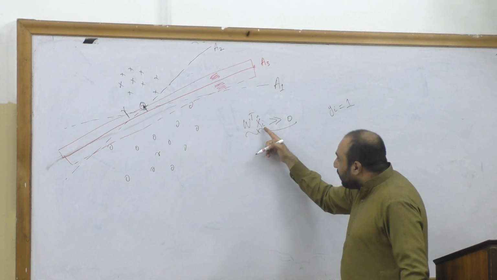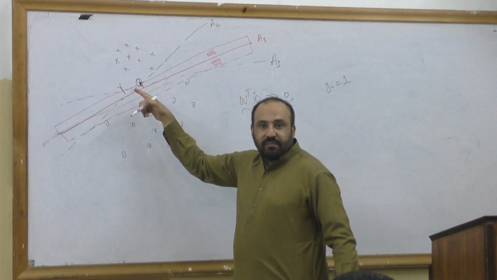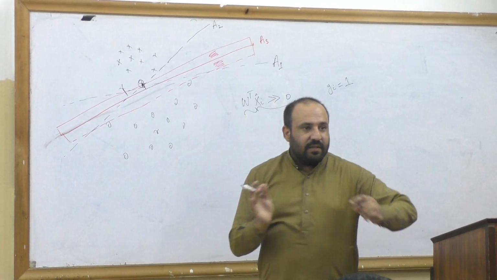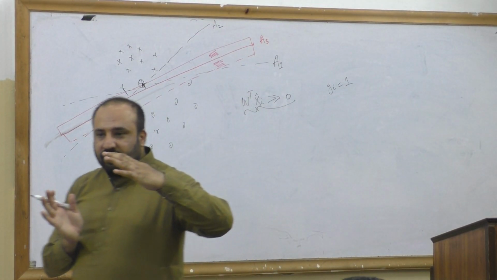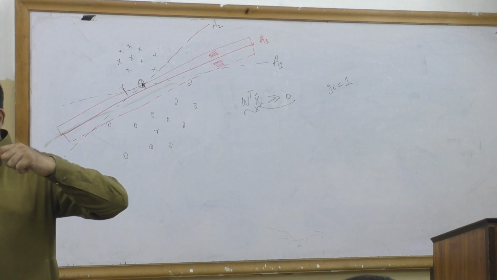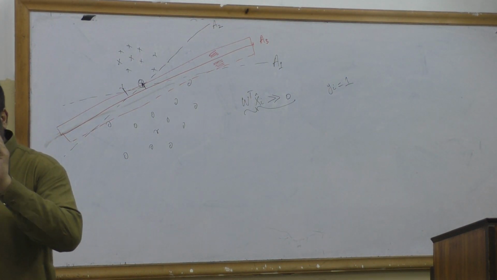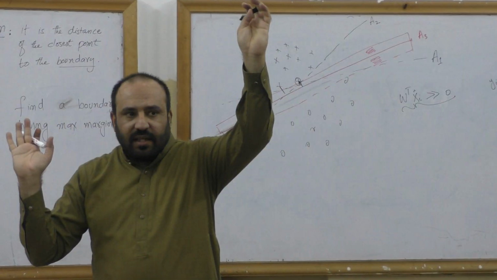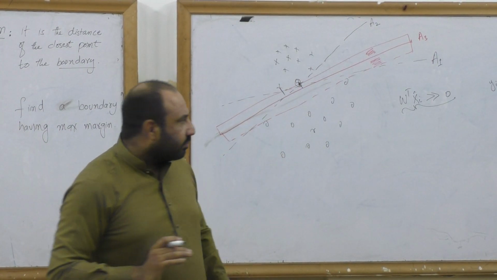And you need this thing particularly for the point that is closest to it. Make sense? मेरी बात समझ आई? आपने डिस्टेंस इंक्रीज करना है ना बाउंड्री से, तो W ट्रांसपोज X जितना बड़ा नंबर होगा उतना हम दूर होंगे बाउंड्री से। यही हम पहले भी करते हैं लॉजिस्टिक रिग्रेशन में भी, सही है?